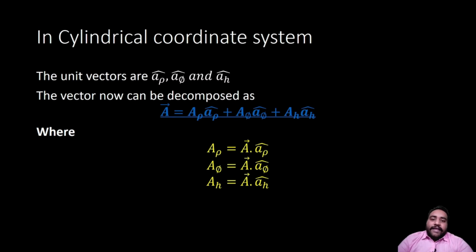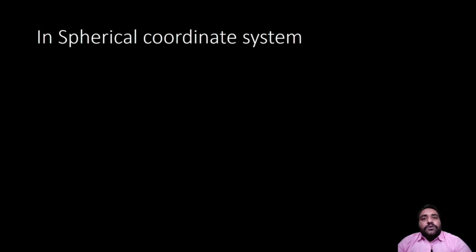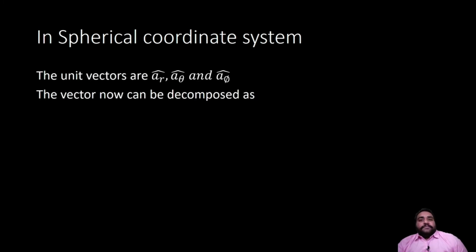Similarly, if we are discussing the spherical coordinate system, where the unit vectors are r cap, theta cap, and phi cap, we can write the vector as A bar equals A r r cap plus A theta theta cap plus A phi phi cap.